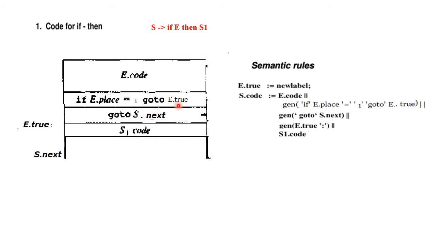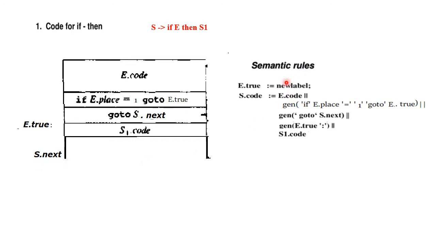E.true is a label representing the true part of this expression. At E.true, we have to execute the statement S1. If E.place equal to 0, we have to go to the statement following this S. That is represented by S.next.